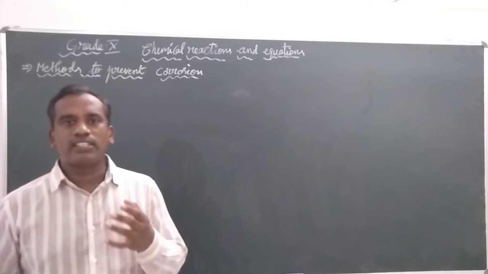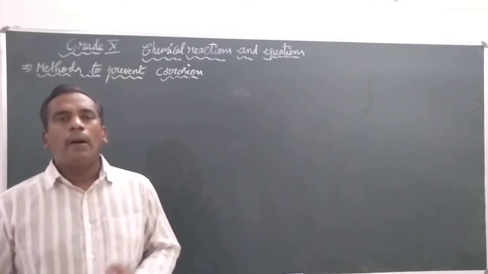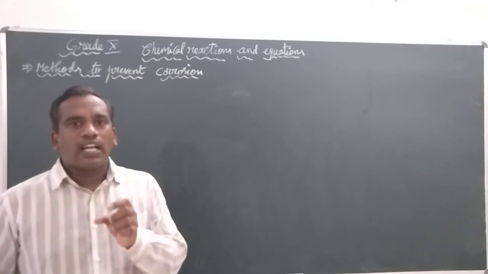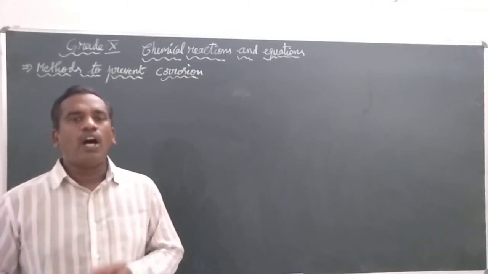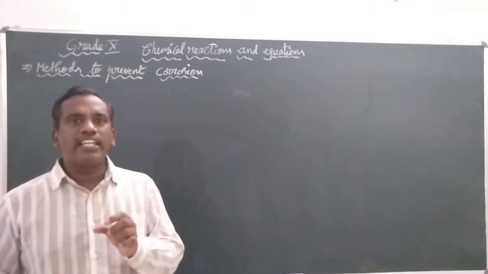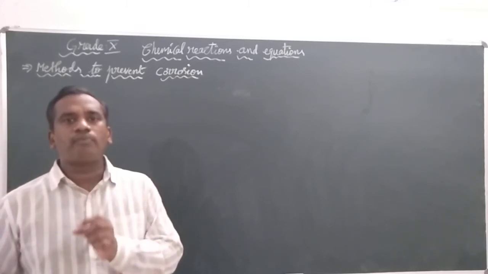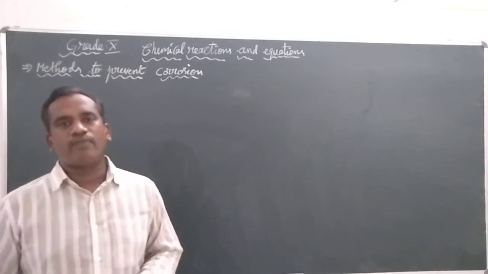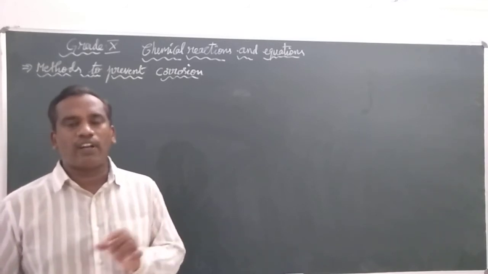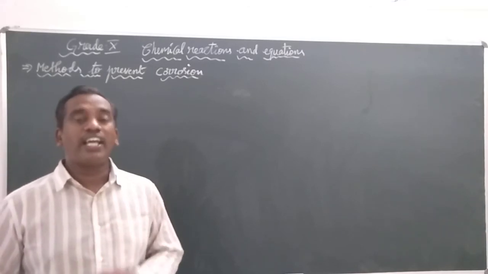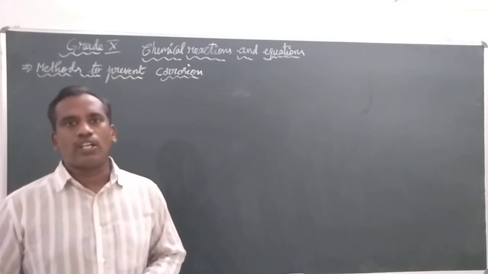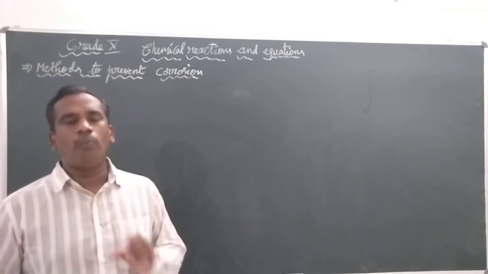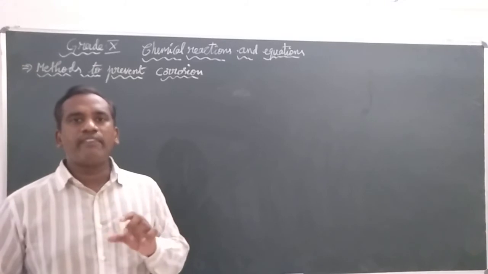One reason is how it looks, but the basic fundamental concept behind the coating of color or painting is that it prevents the metal from reacting with the substances present around it, and so prevents corrosion. Whatever iron grill you have at your home, generally you paint it with some color.